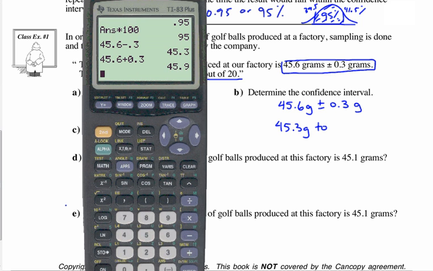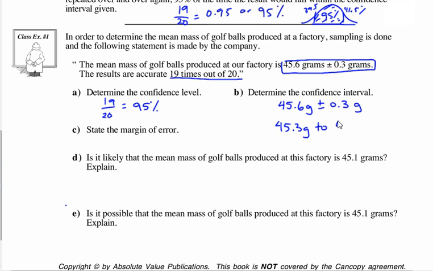And so the interval is from 45.3 to 45.9 grams. The margin of error is the last part, where our error is plus or minus 0.3 grams. So all you have to do from this lesson is be able to pull out what different things are called.